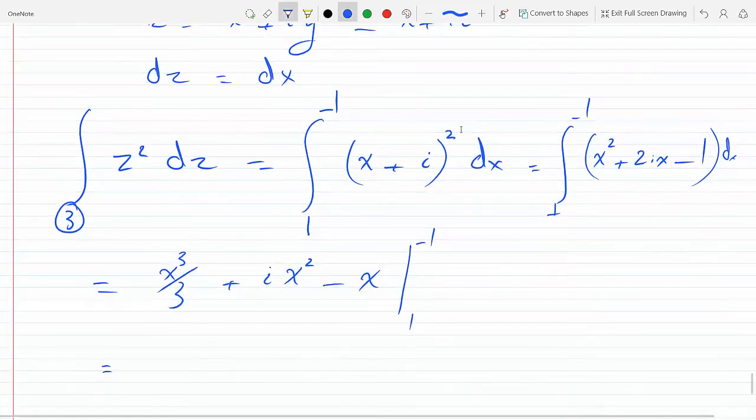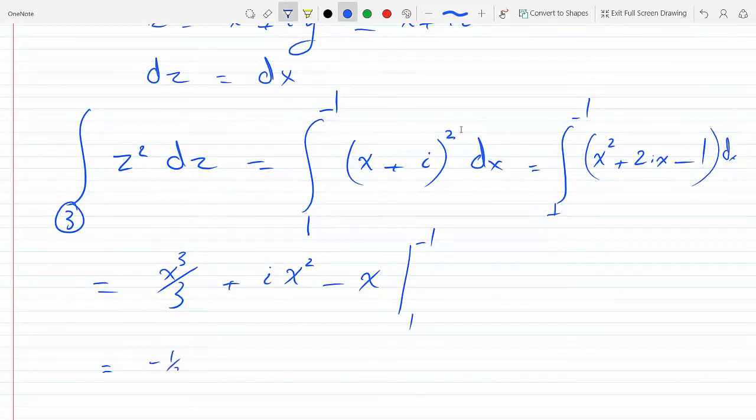Plug in the upper bound first, minus 1, so minus 1/3 plus i plus 1, minus the lower bound, which is 1/3 plus i minus 1, just straightforward algebra here.